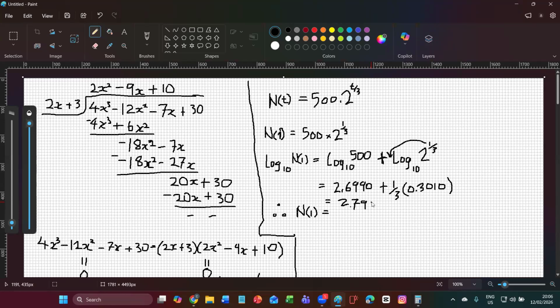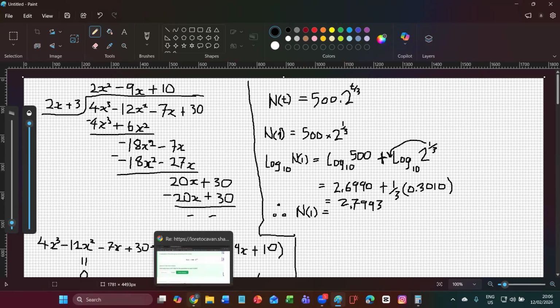Okay, nice. So can you find the anti-log of 2.7993?